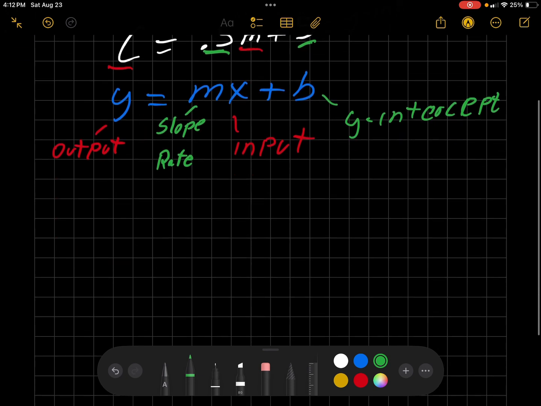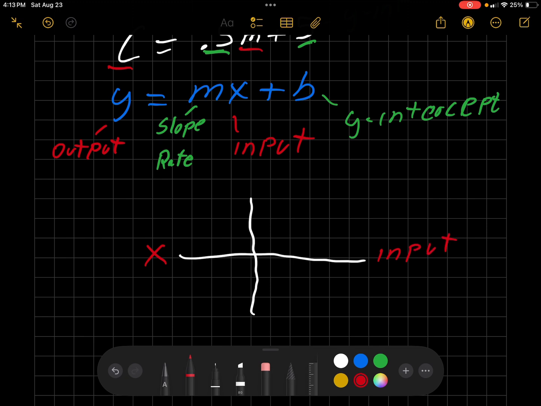So as we look to graph, our horizontal line, our x value line, that is our input, and our vertical line, which is our y line, is our output.